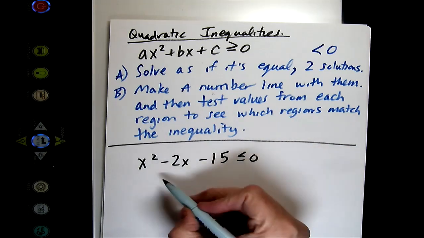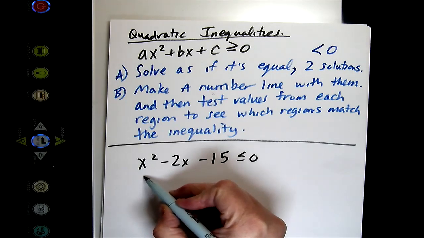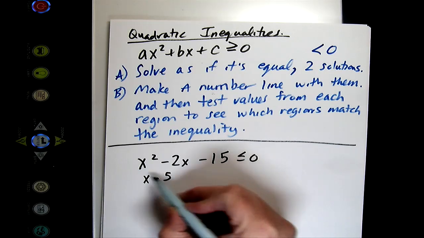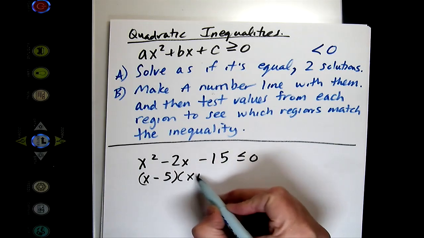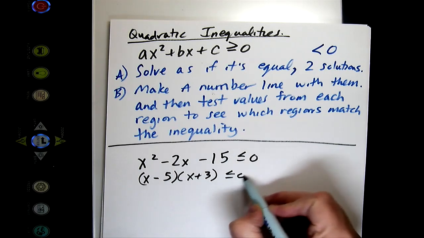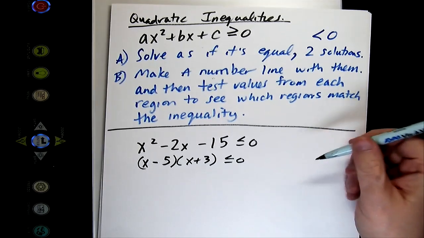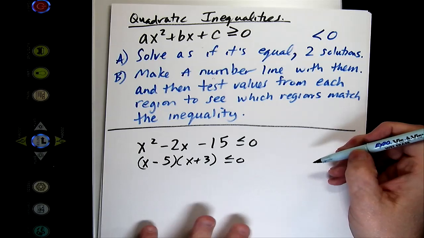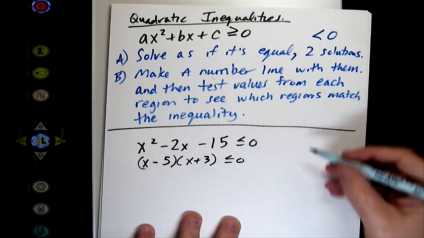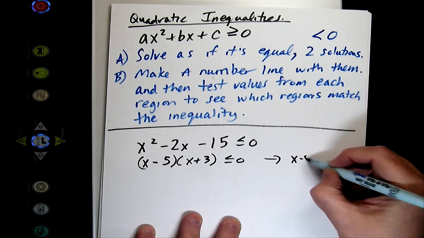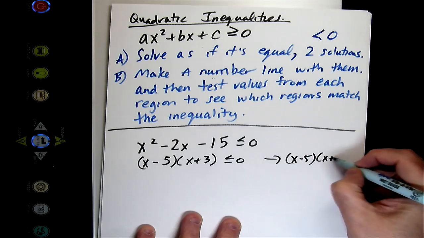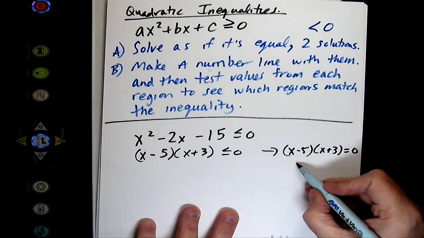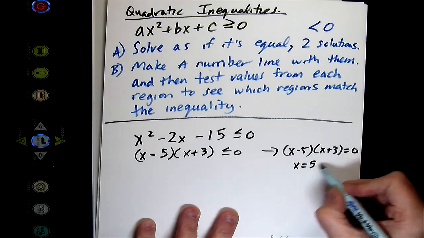We solve this, what do we get? If I factor that, I've got x minus 5 and x plus 3. I'm going to pretend it's equal and figure out what I would get if I had the equal solutions. I get x equals 5 or x equals -3.